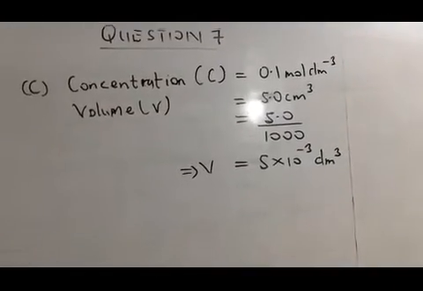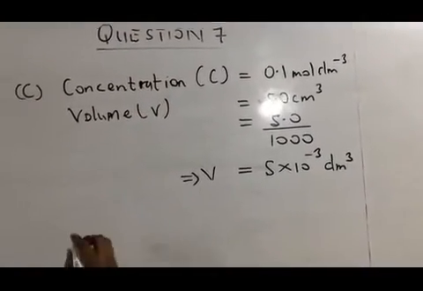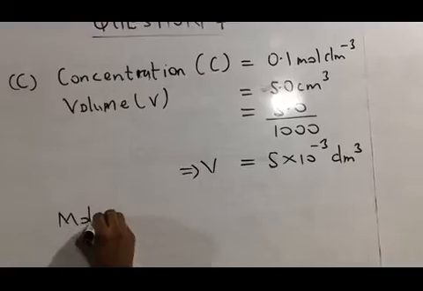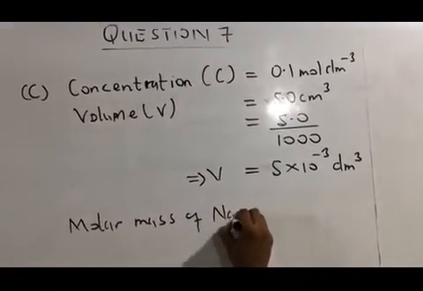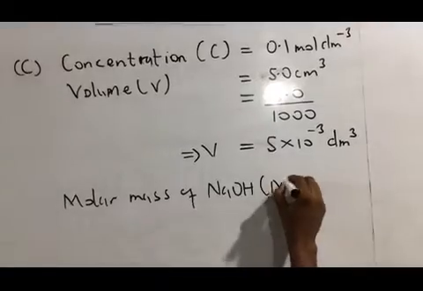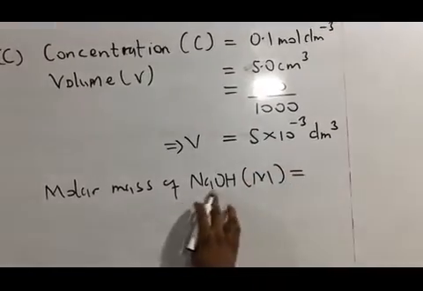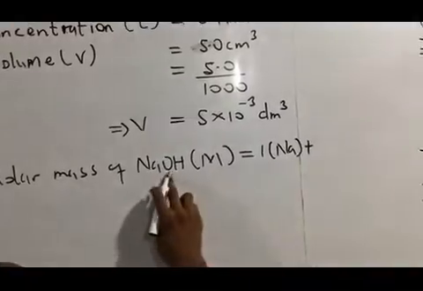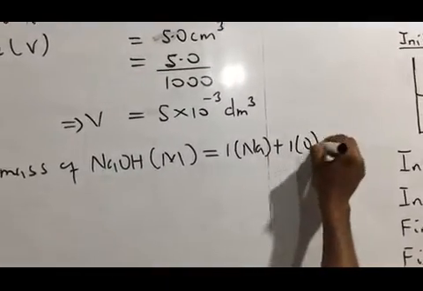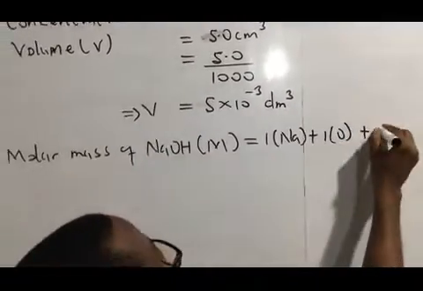Okay, so the last thing is we calculate the molar mass of the sodium hydroxide. So molar mass, the big M. We have one sodium, one Na. We have one oxygen. And I have one hydrogen.